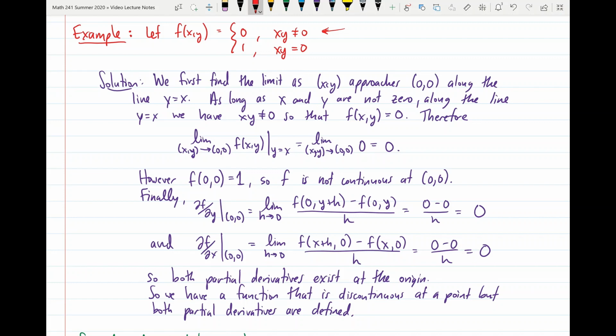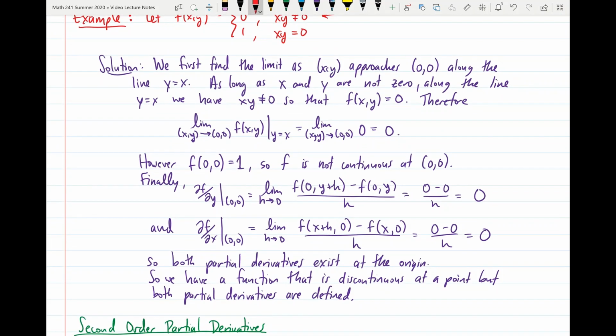So if we're approaching the origin along the line y equals x, then as long as we're not at the origin, we have that f of x,y is equal to 0. And therefore, the limit as (x,y) goes to the origin (0,0) of our function f of x,y along the line y equals x is equal to the limit as (x,y) goes to the origin of the function just 0, so just the constant function 0.